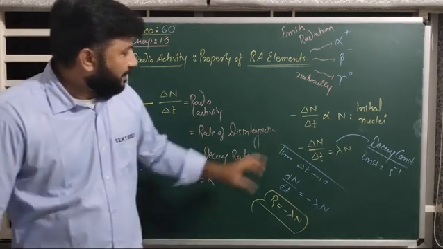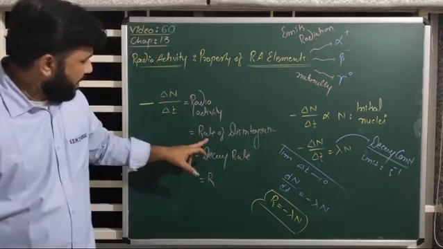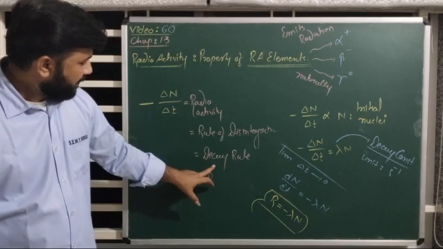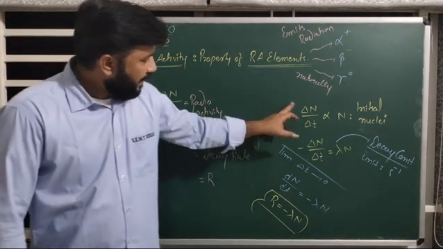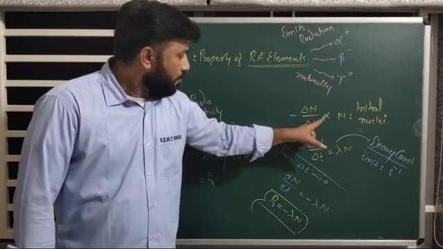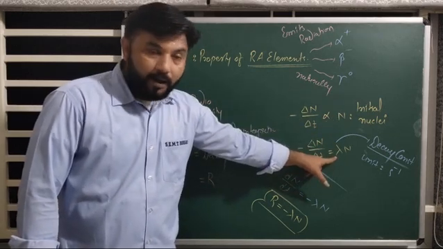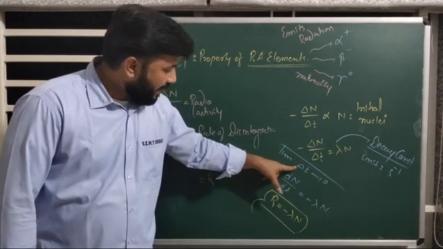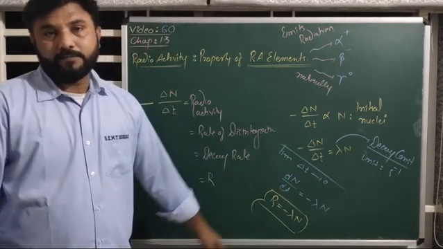Clear? And this decay rate is directly proportional to the initial nuclei. Take a minus sign here, put constant lambda and take the limit, you will get R.